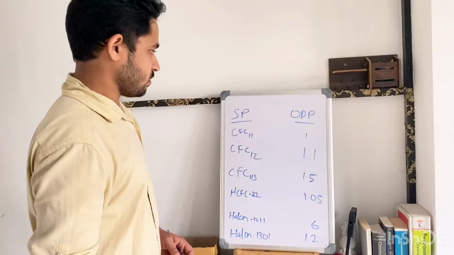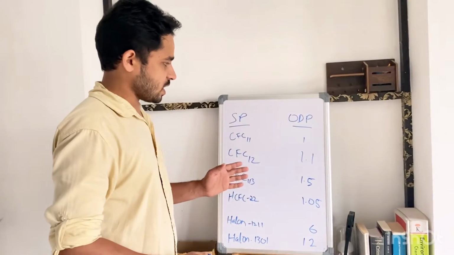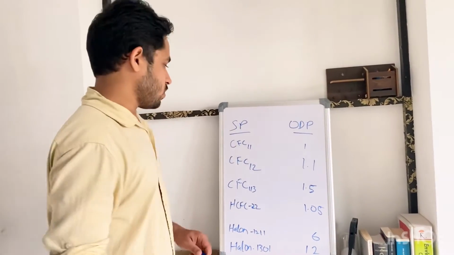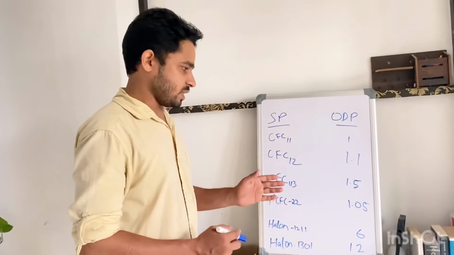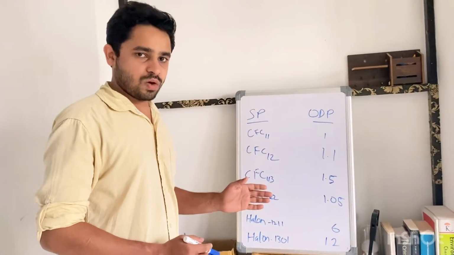We are now discussing gases that have ozone depletion potential higher than CFC 11. So CFC 12 has 1.1. The calculation is done in relation to how we have discussed.